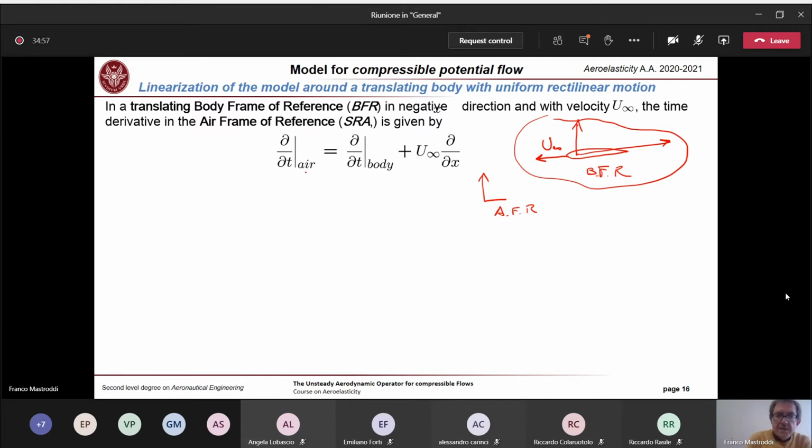When you take a derivative in the air frame of reference, you have this formula, of course, because when you are steady with this frame of reference, you take a time derivative. This time derivative is equal to the time derivative you have when you are an observer here, plus a convective part, of course, because you are moving with this velocity.